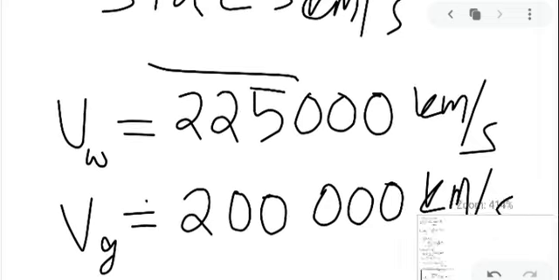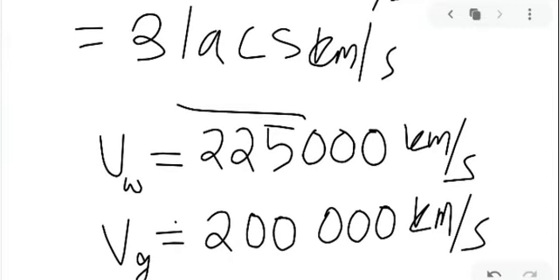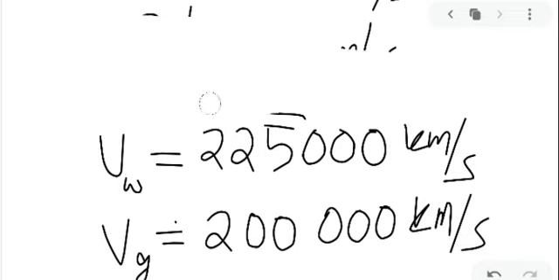See, compare this value with the speed of light in vacuum. The speed of light in vacuum was how much? See, instead of v_v, I am going to use a standard notation, which is c.